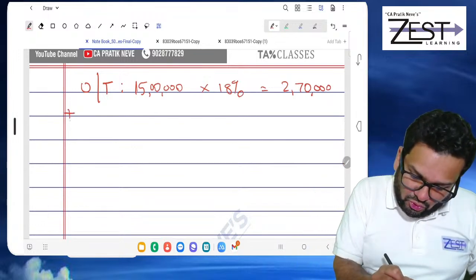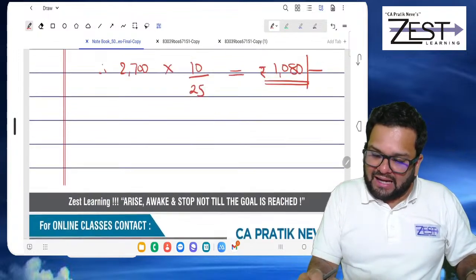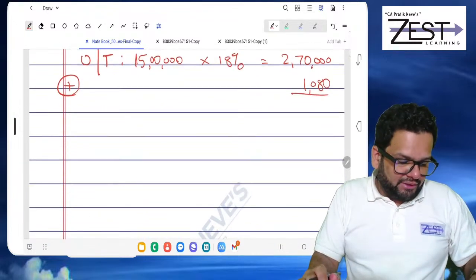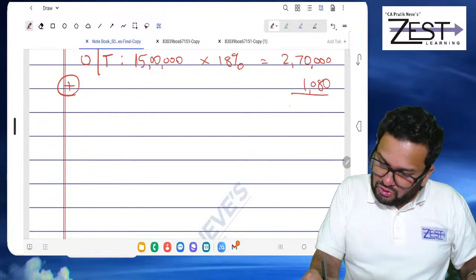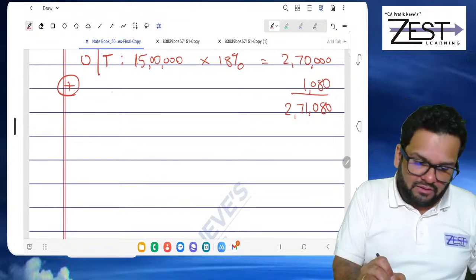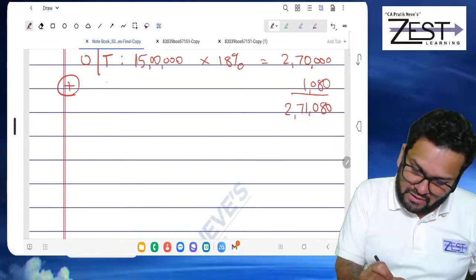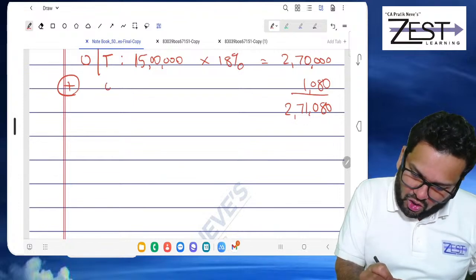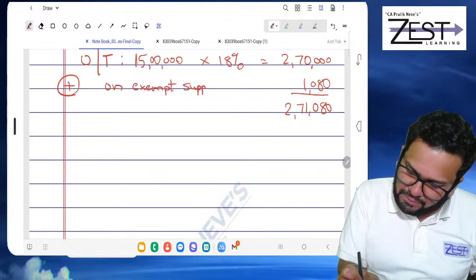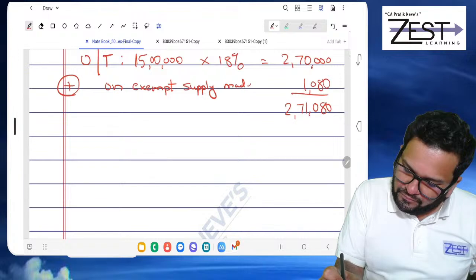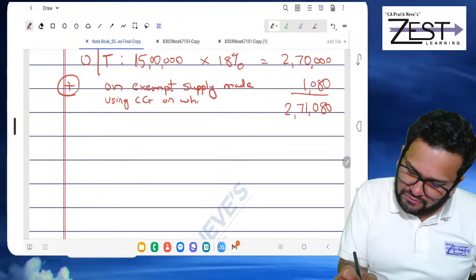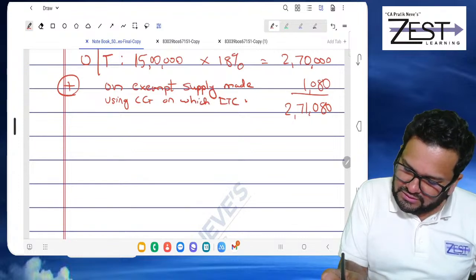In this 270 you add, don't forget, add that 1080. So your liability will become 2,71,080. This 1080 you have to add because it is on exempt supply made using CG on which ITC is claimed.